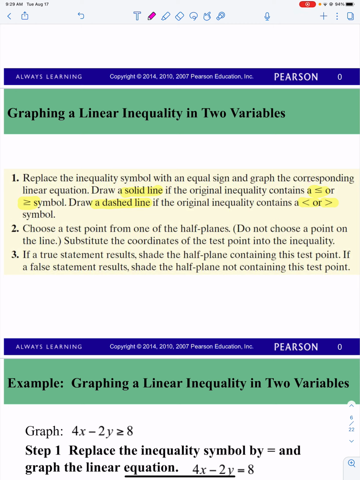The second part is a very important one: choose a test point from one of the half planes. Typically, if 0, 0 is not on the line, choose 0, 0 because the calculation is very easy.